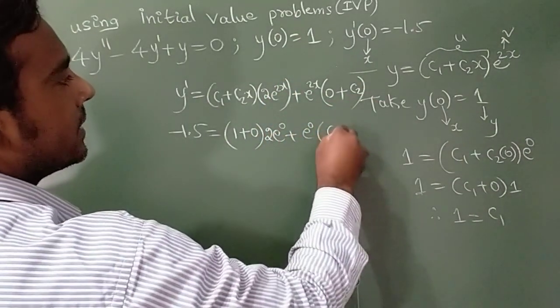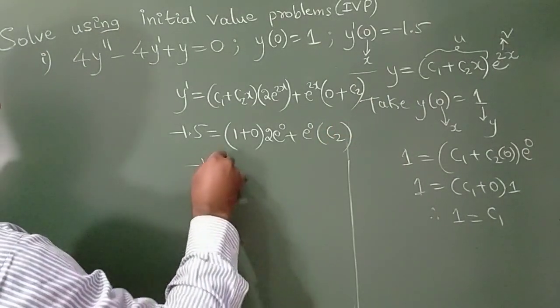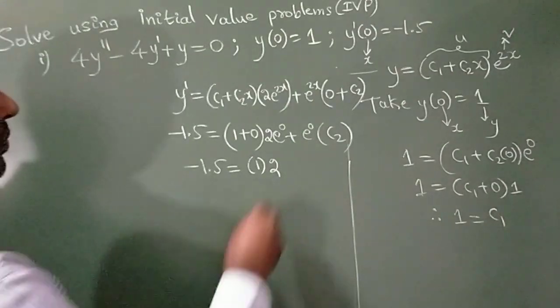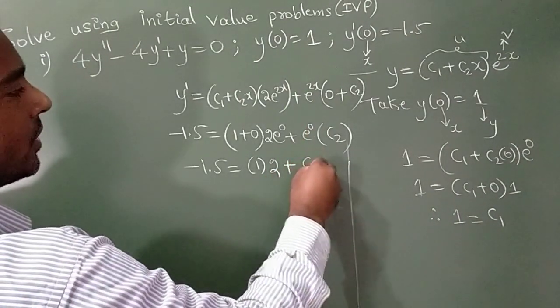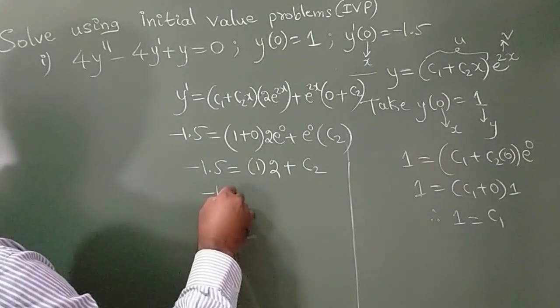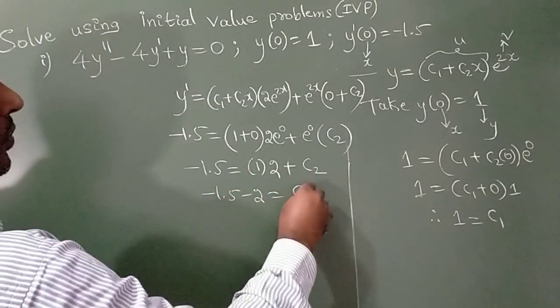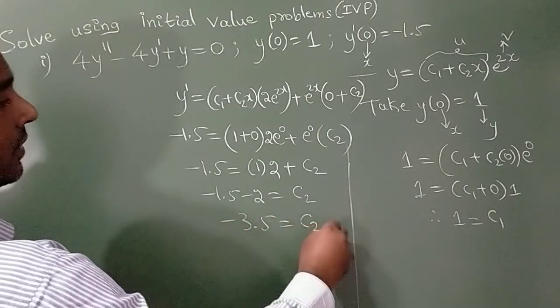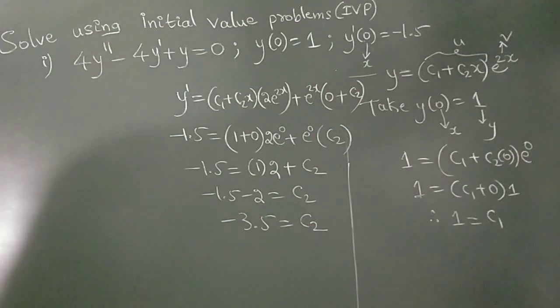Here it is c2. Okay, minus 1.5 is equal to here 1, here 2. e raised to 0 is 1, so only c2 is remaining. 2 ones are 2. If you take it to the left hand side, it will become minus 2. So I have got c2 value as minus 3.5. Okay.